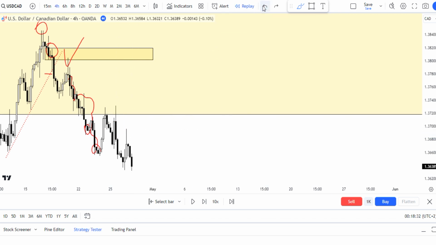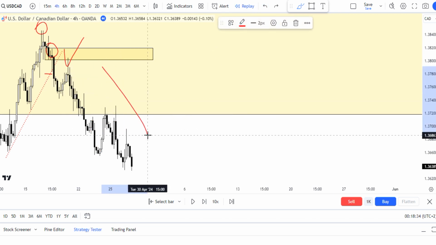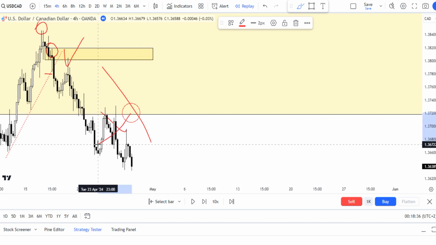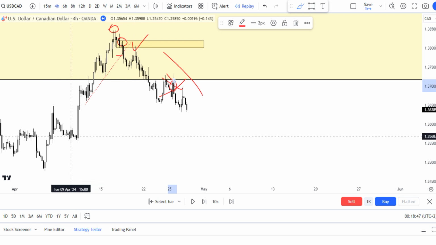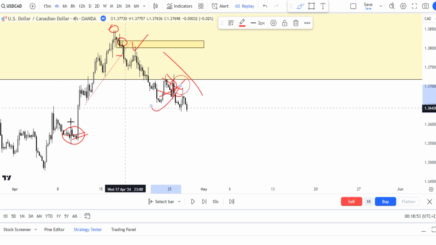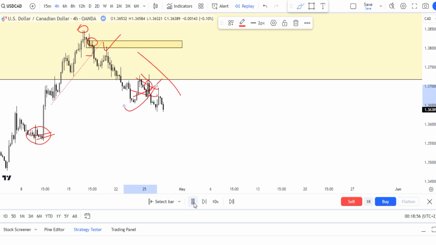The market has already fallen a lot, so we are not going to trade this. This is not an imbalance either because it did not achieve anything. It did not remove any trend line, or any opposing direction imbalance. So this is not a valid one.